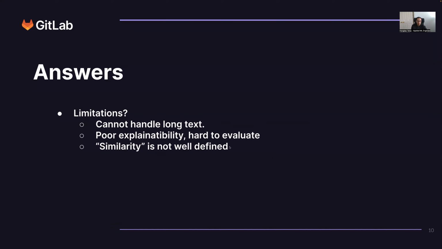And thirdly, the similarity is not well defined. We will see an example of this in the demo later. But for example, you are trying to compare two things, and these two things can be similar in different ways. For example, you compare a cup with a keyboard. They are similar maybe because they are both hard, but they're not similar in terms of their shape.